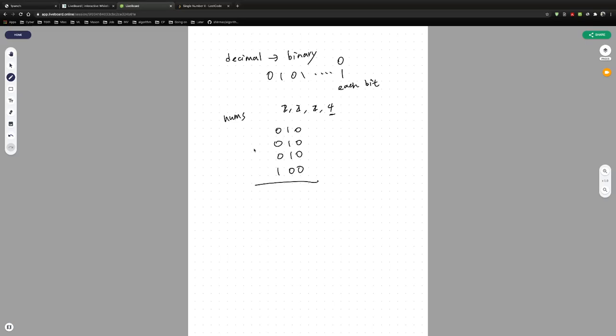So on each bit, if they are not the single number, then the 1 will also appear 3 times. So it means that if the single number on that bit is 0, the number of times 1 appears on that bit will be 3n, right?